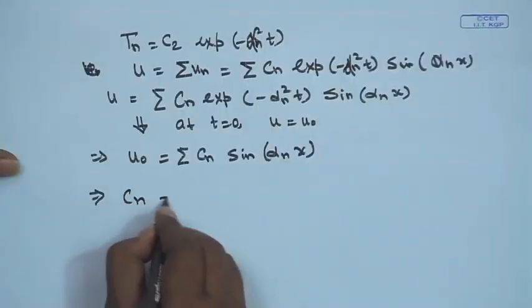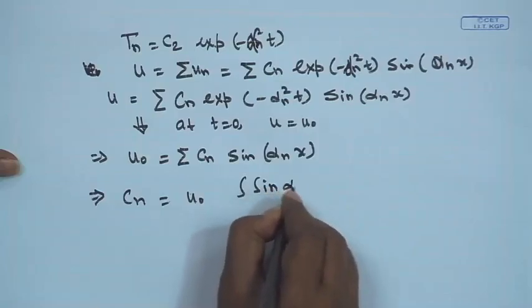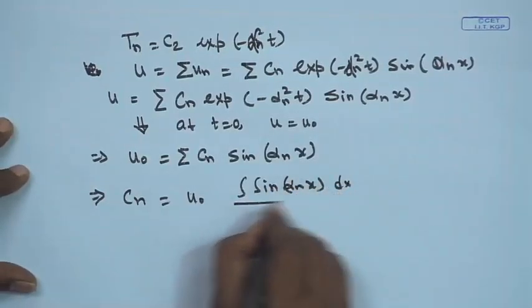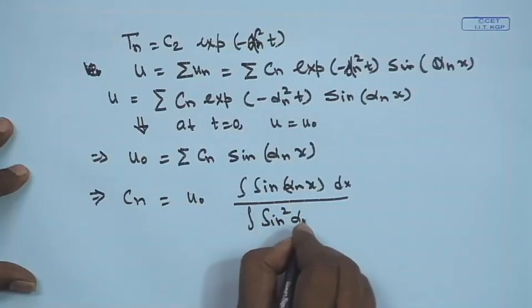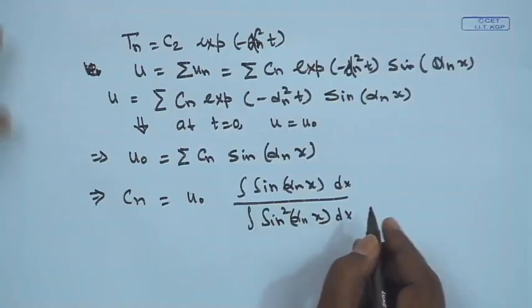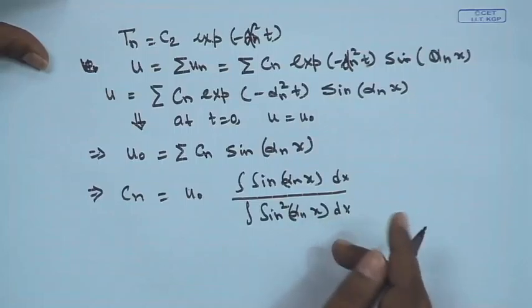So, let us get that. Cn will be u0 integral of sin alpha n x dx divided by integral of sin squared alpha n x dx. So, let us look into the solution.